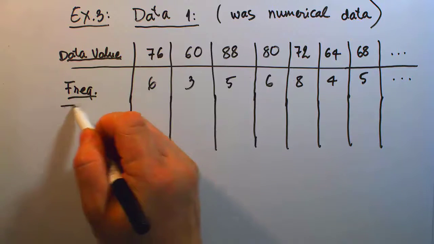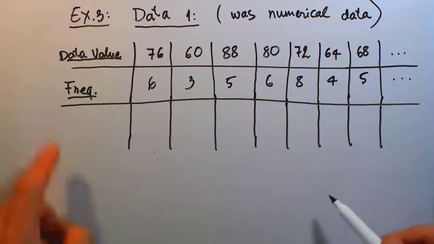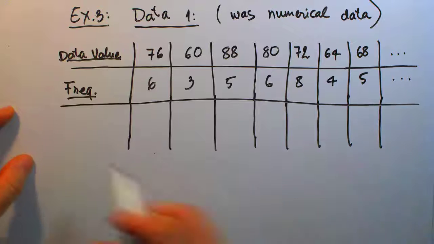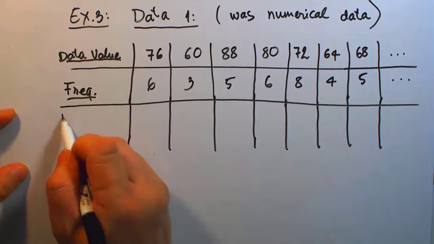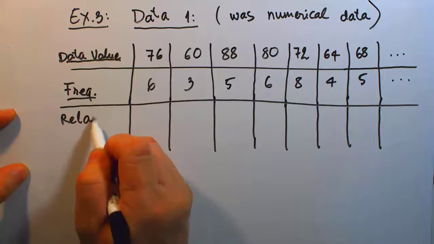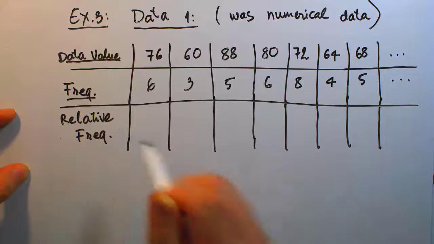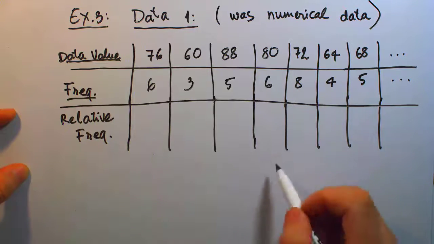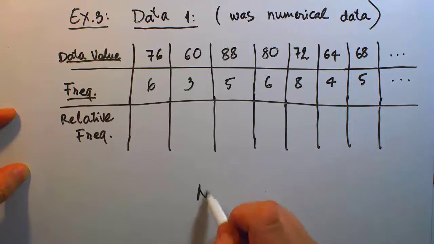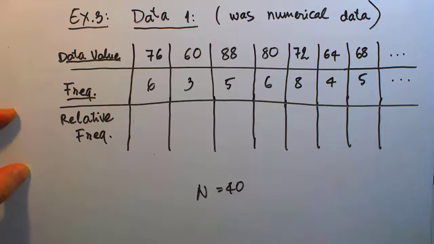And so, once we got the actual frequency, we can once again construct the relative frequency. So here, remember the famous n count for data 1 was 40, just to remind everybody.